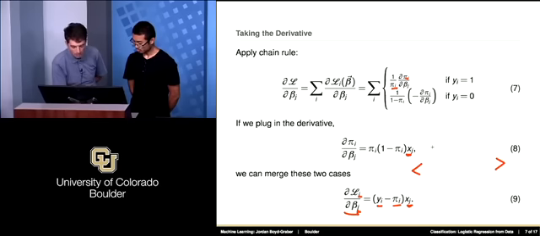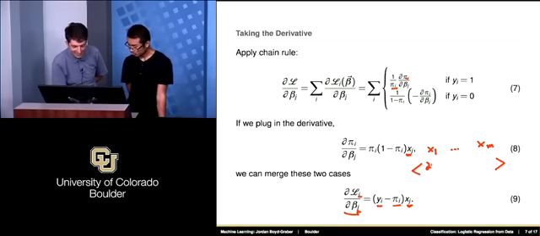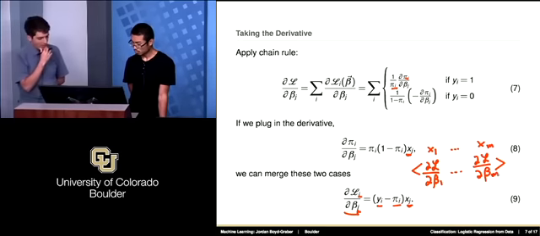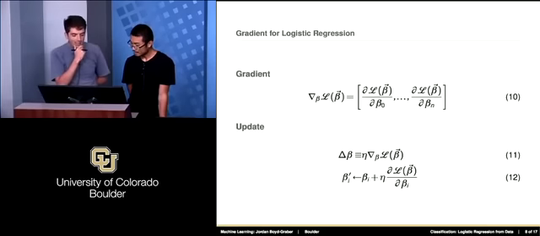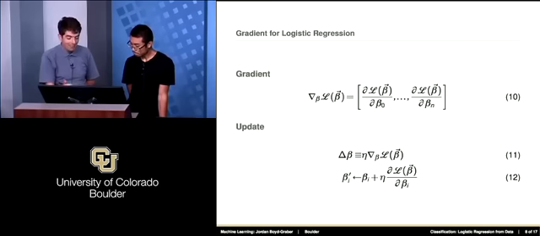So if you have x1 to xm, there's going to be a partial derivative for beta 1 up to beta m. Okay, everything cool so far? Yes. Okay.